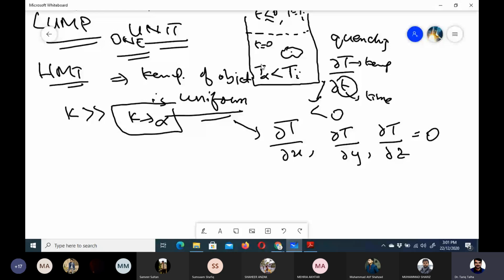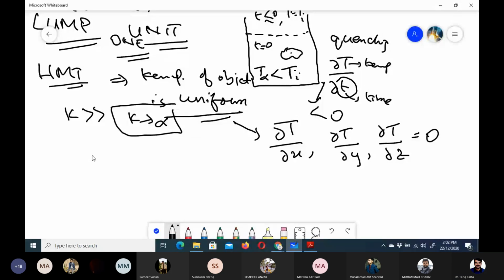Now if we apply the energy balance over this metal which is being cooled down, we write the energy balance equation: E dot in plus E dot g minus E dot out is equal to E dot st. Oh, not 0, because 0 would only be in the case of a steady state problem.